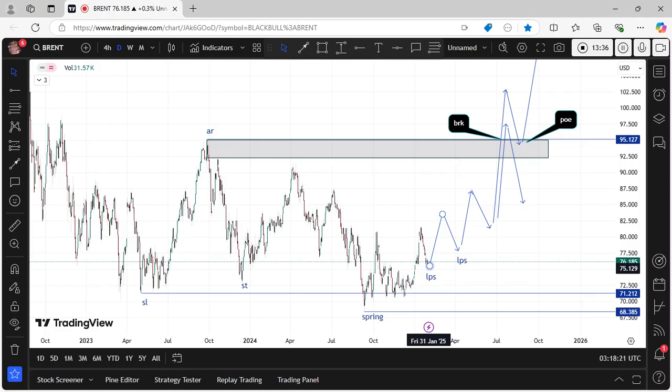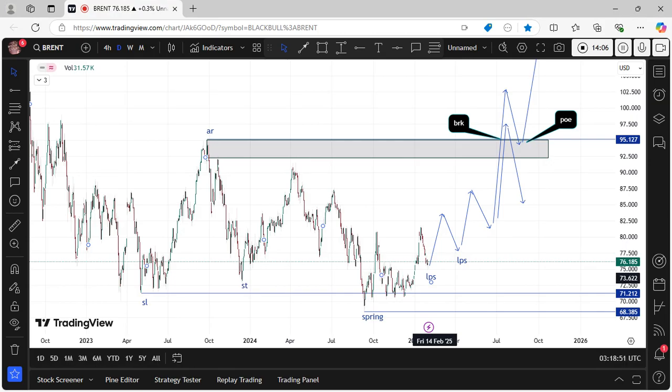The first point you would have entered was at the spring, but since that was missed, the next point would have been around the $70 zone, but we missed that too. So the next point to enter is at the current price, which is what we call the last point of supply.